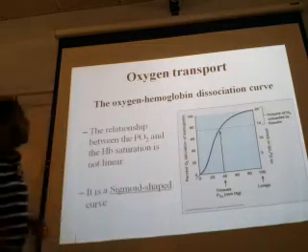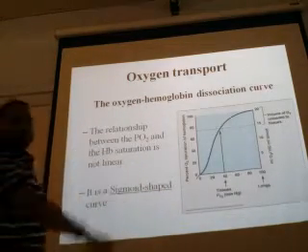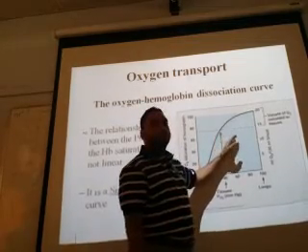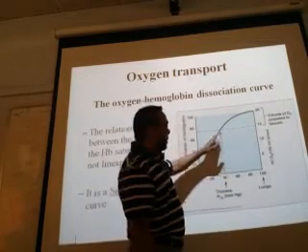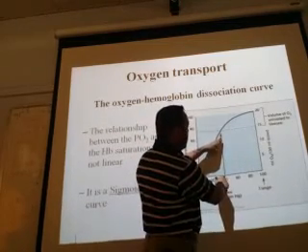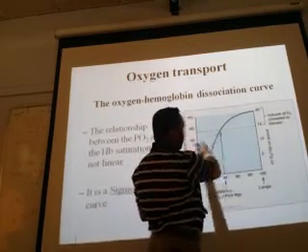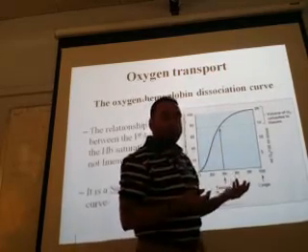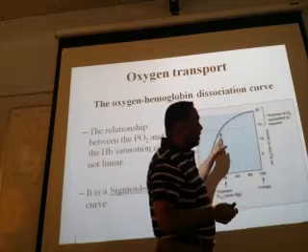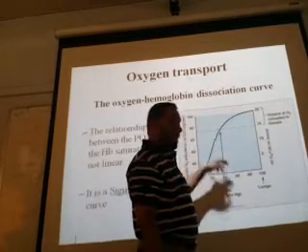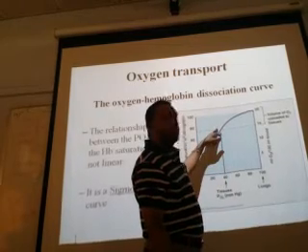Now instead of here, for example, at the same partial pressure, what is the saturation? Less saturated. Shift to the right means less saturation, and shift to the left means more saturation at the same pressure.